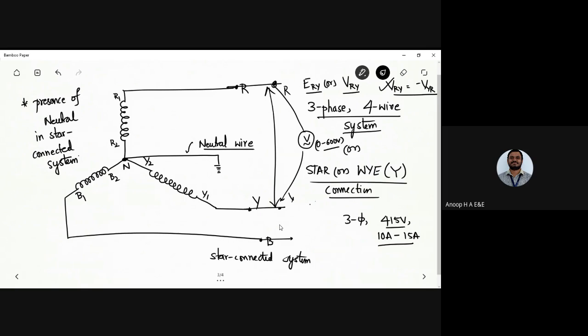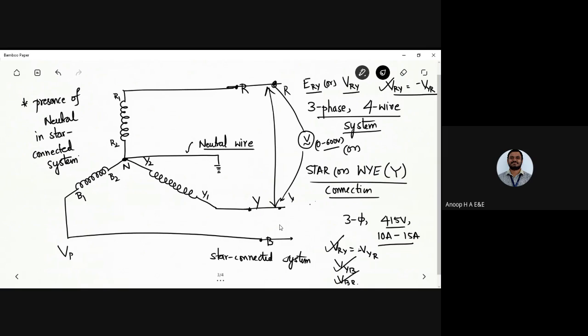Next we have VYB, and next we have VBR. Depending on how you make the connections, you will come to know that this double subscript notation, whatever I have used here, is termed the line voltage. So VRY, VYB, and VBR.